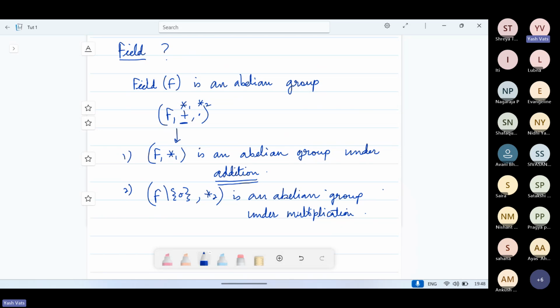Now we can define what a vector space is. A field is a set with two operations, one addition and another, a different multiplication. For example, can you give me examples of a field?